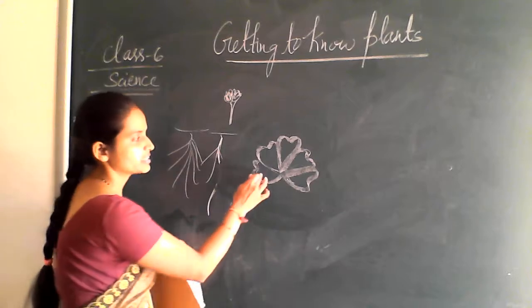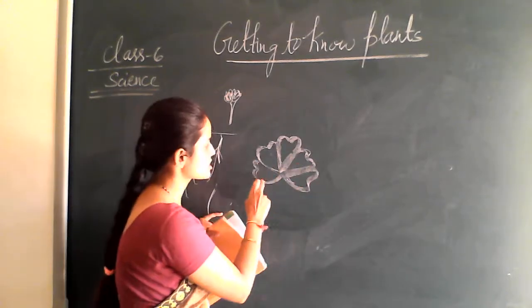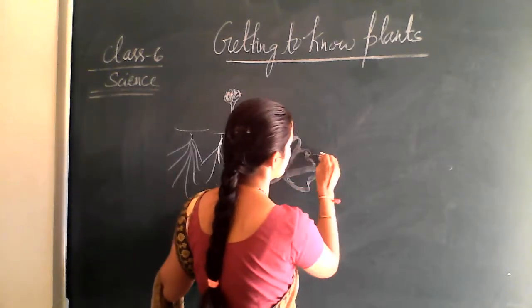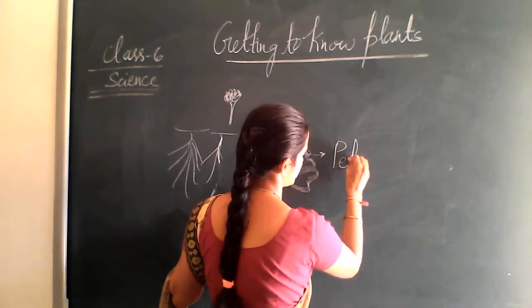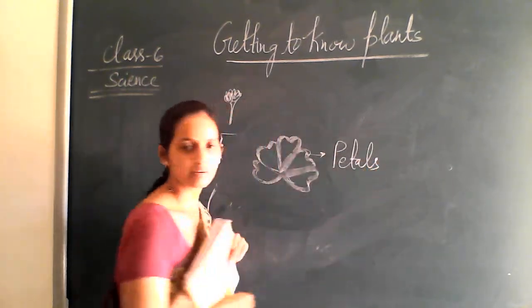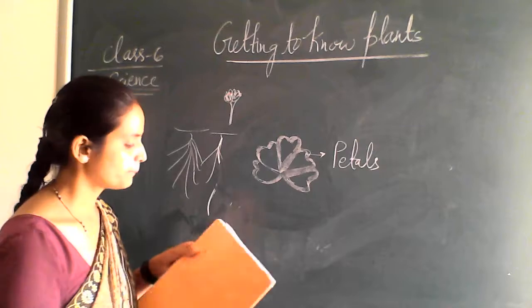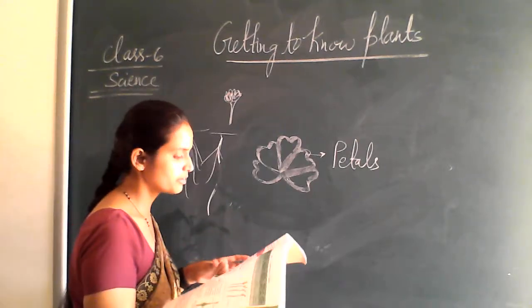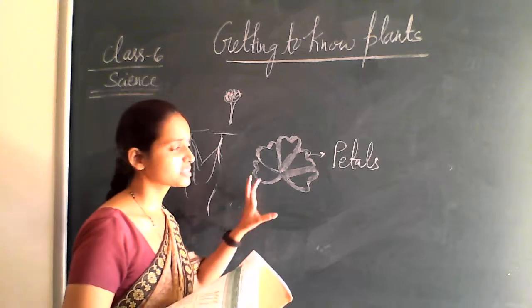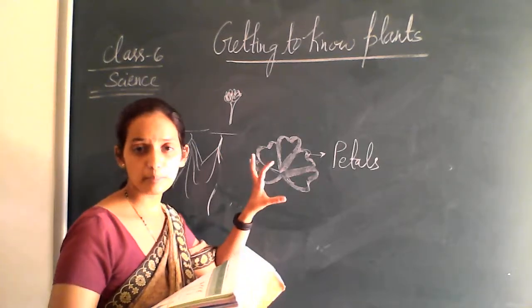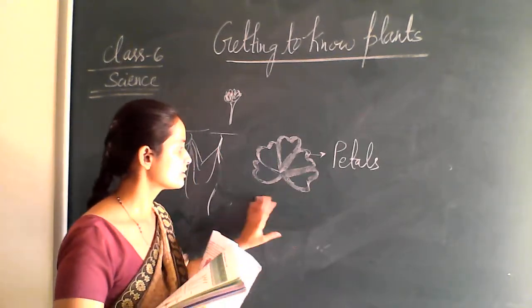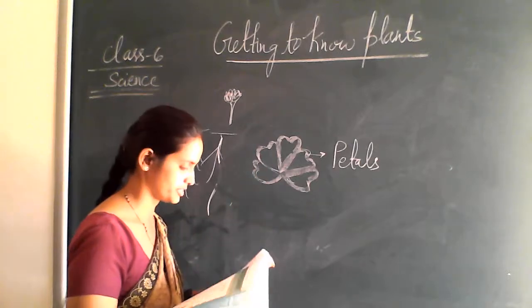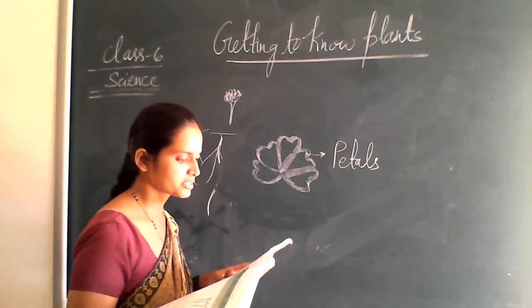These colorful structures we call petals, right? So the prominent part of the flower, or we can say the colorful, brightly apparent structures of the flower, are called petals.